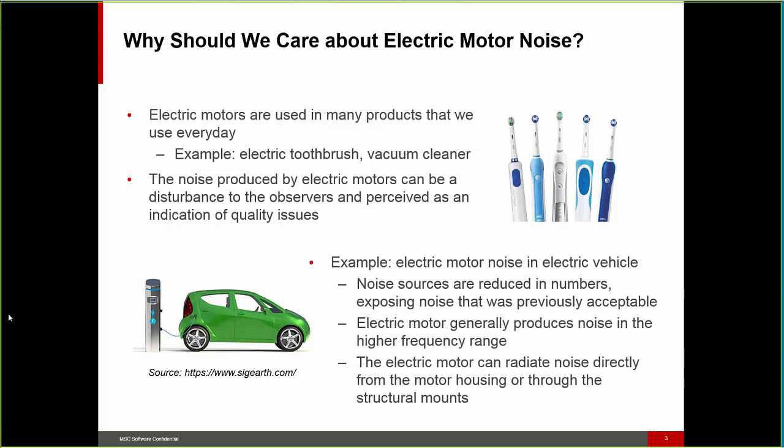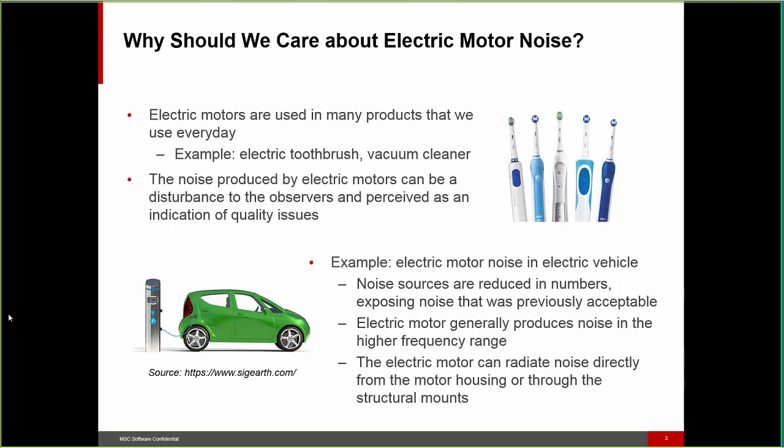For example, let's look at the electric motor noise in electric vehicles. With the absence of the internal combustion engine and additionally the reduction in the number of noise sources in electric vehicles, the noise behavior that was previously acceptable can now be clearly audible and perceived as an annoyance. Electric motors generally produce higher frequency noise, for example, the whine noise.